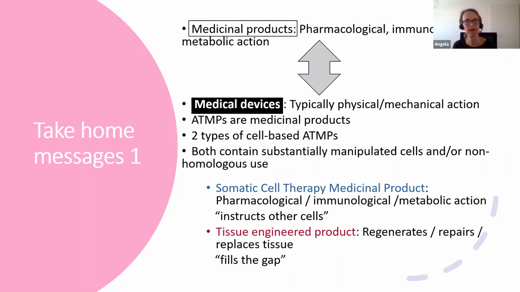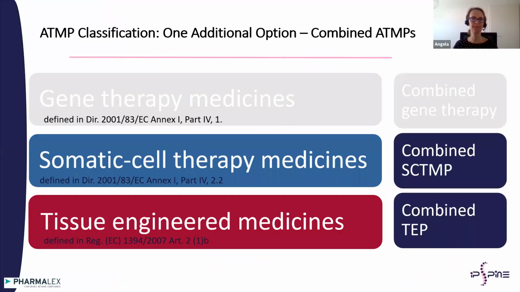Okay, now since we finally figured out what types of ATMPs are available, I already warned you we will find out that there is yet another possibility, which is the group of combined ATMPs. As you can see here, combined ATMPs occur in all three classes.